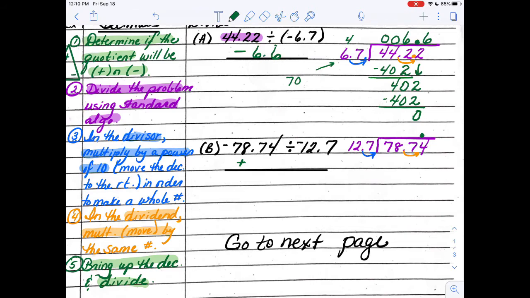Now 127 cannot go into 7. It cannot go into 78, but it can go into 787. So 125 is around what it is. I know that it's going to go in about 6 times. So let's go ahead and multiply. 6 times 7, well, that's 42.